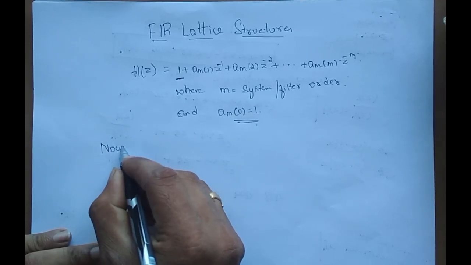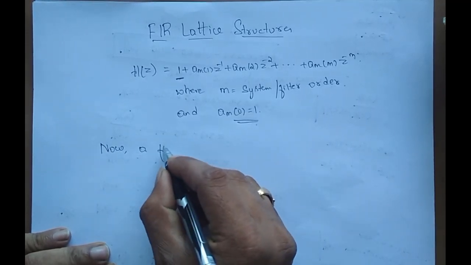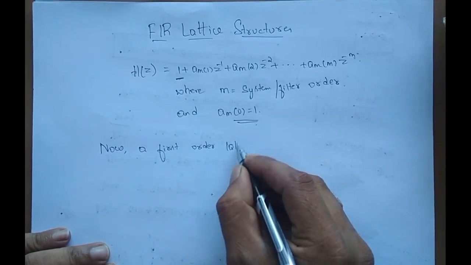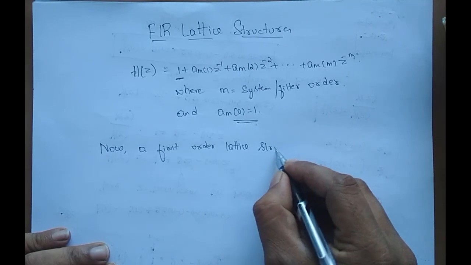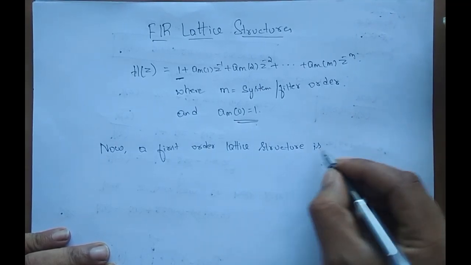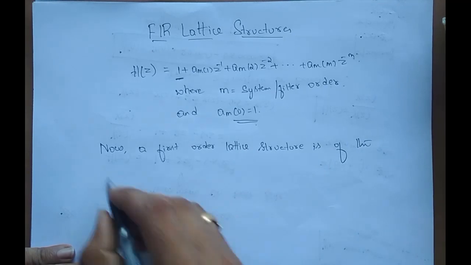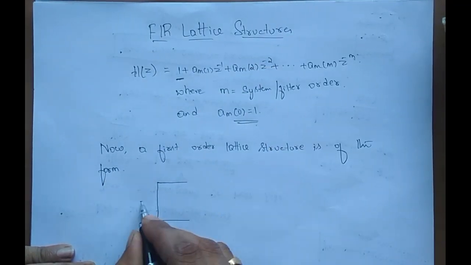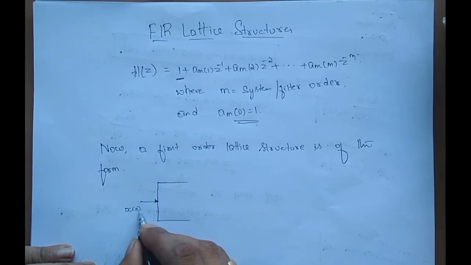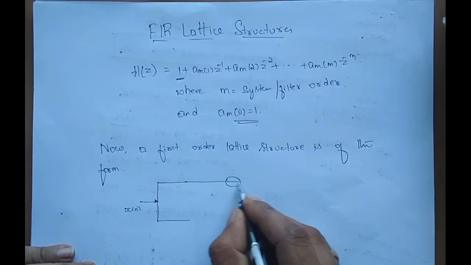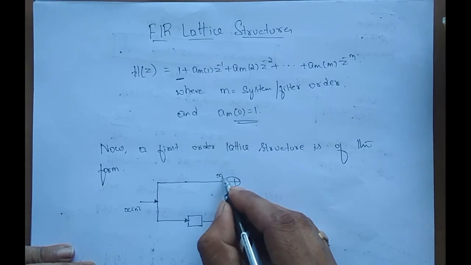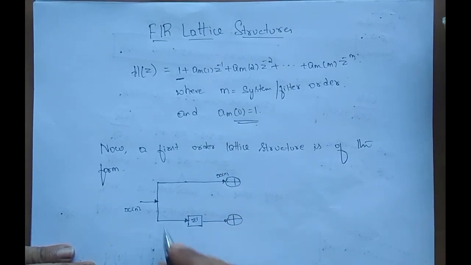So now a first order lattice structure is of the form something like this. We are feeding x(n) as the input. This x(n) comes directly to the adder, and there is a one delay element here.